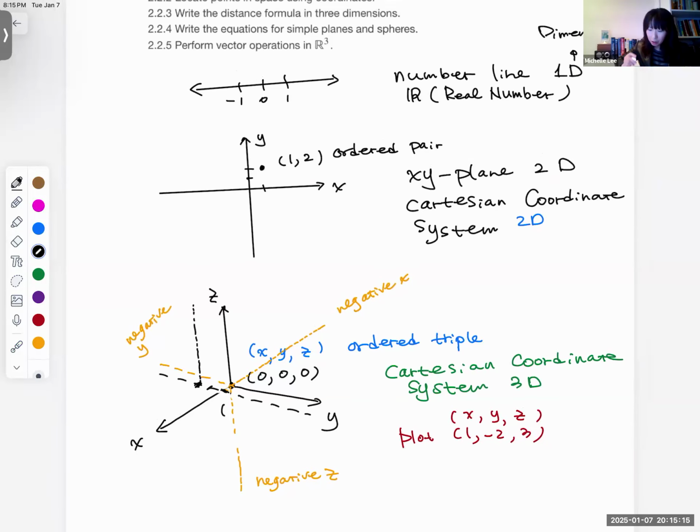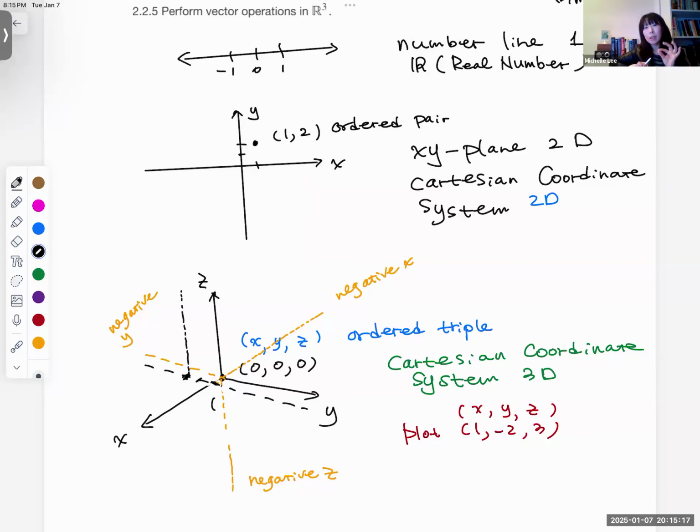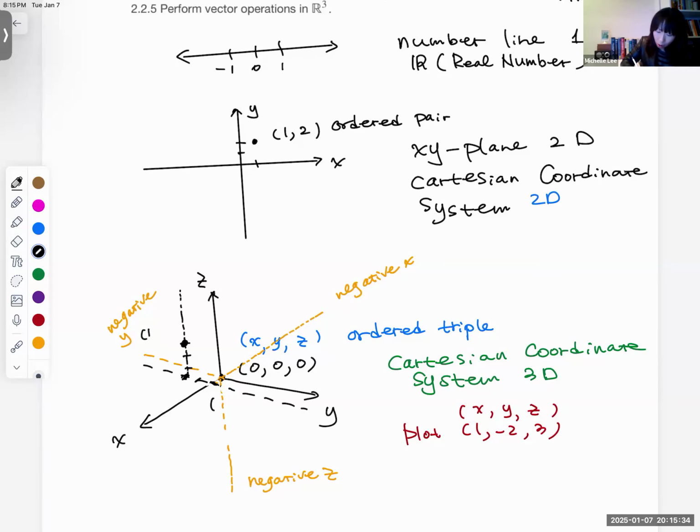So from here, we can approximately plot the point 3: 1 unit, 2 units, 3 units, right? So 1, 2, 3. So that will be 1, -2, 3. Yeah, make sense?